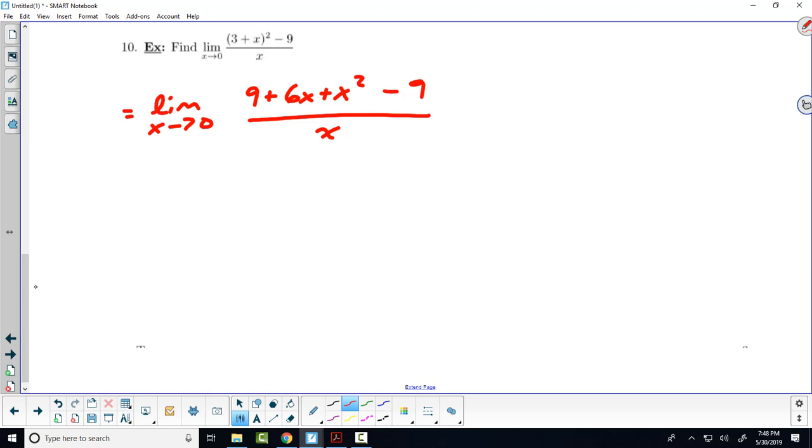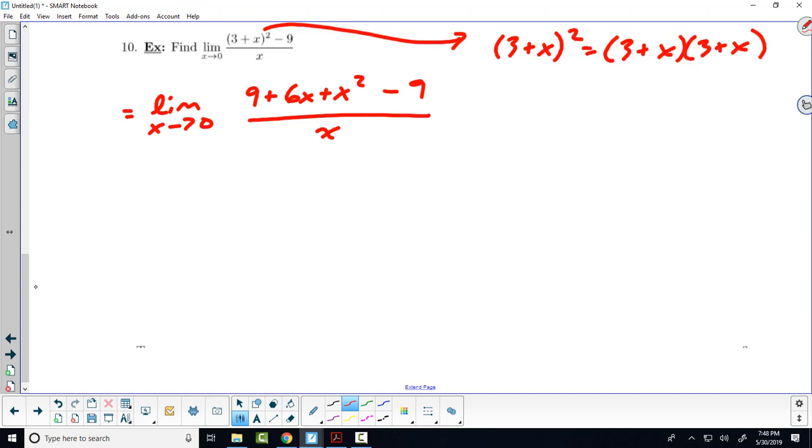Everyone see what I did there? Amy, how are we doing? Didn't see what you did. Yeah. So let me FOIL this out. So this is 3 plus x squared, which is 3 plus x times 3 plus x, and now we FOIL it out. So we do our first. That gives us 3 times 3 or 9.